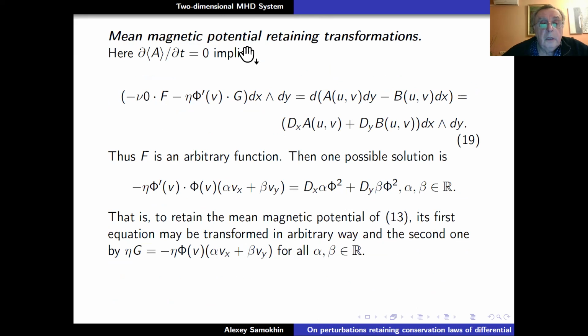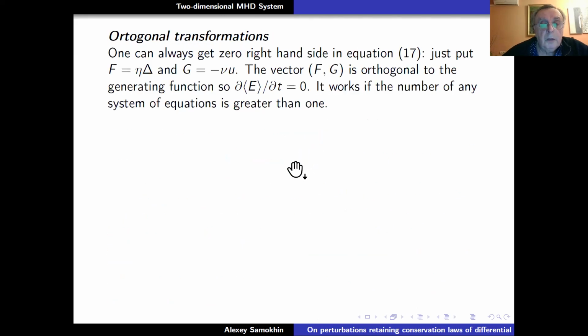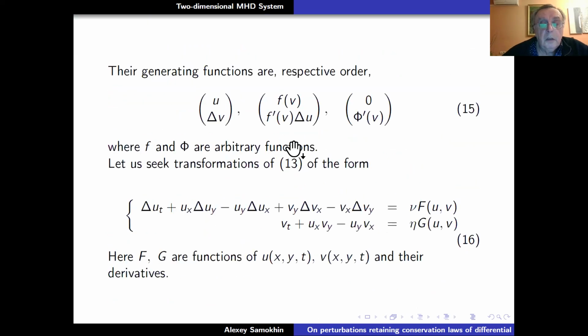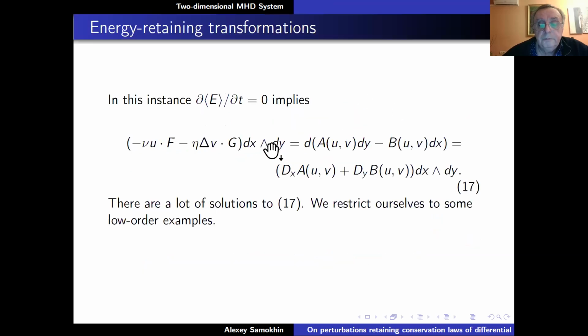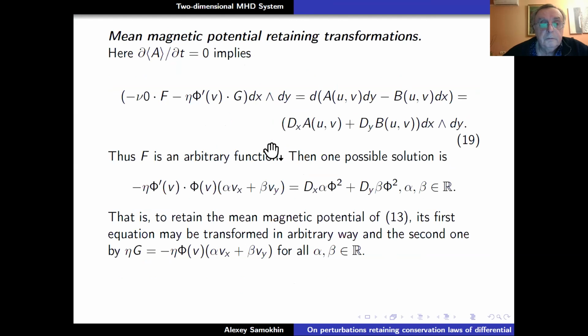For mean magnetic potential, mean magnetic potential has such a generating function. So the equation for possible perturbation is like this.